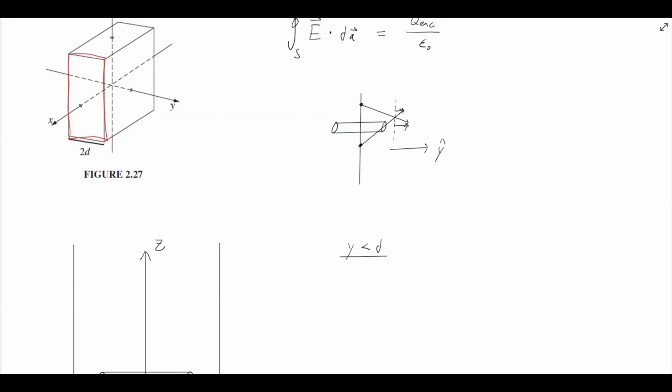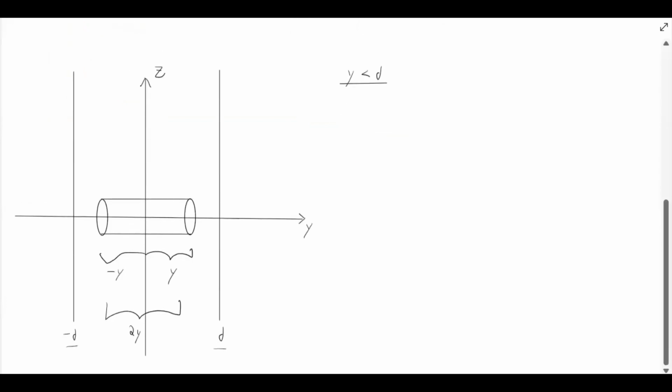And we can view the infinite slab as many of these planes added together, and due to the superposition principle, the electric field will still point in the y hat direction. So for the slab, the electric field will point in the y hat direction.